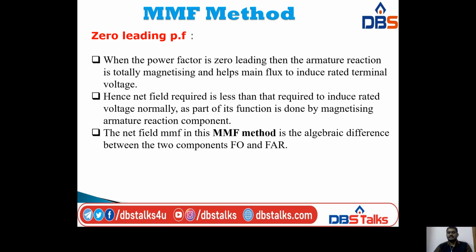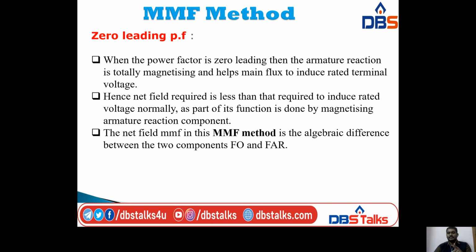Hence the net field required, that is FR, is less than that normally required to induce the rated terminal voltage, as part of this function is done by the magnetizing armature reaction component. Previously, for zero lagging power factor, I took the demagnetizing armature reaction component; here I am taking the magnetizing armature reaction component for zero leading power factor.